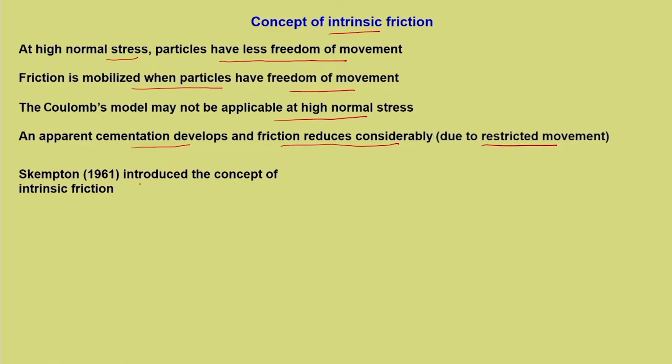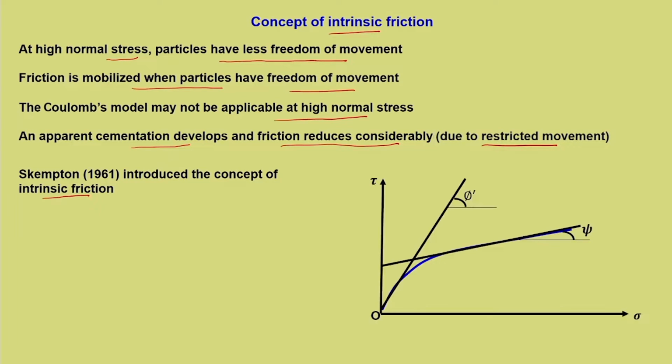So Skempton in 1961 introduced the concept of intrinsic friction. Let us see what intrinsic friction is. As the normal stress increases, it restricts the freedom of movement and hence the mobilized friction drastically reduces, which is indicated by psi. So now it is considered different from Coulomb's model, wherein we discussed in terms of phi dash.